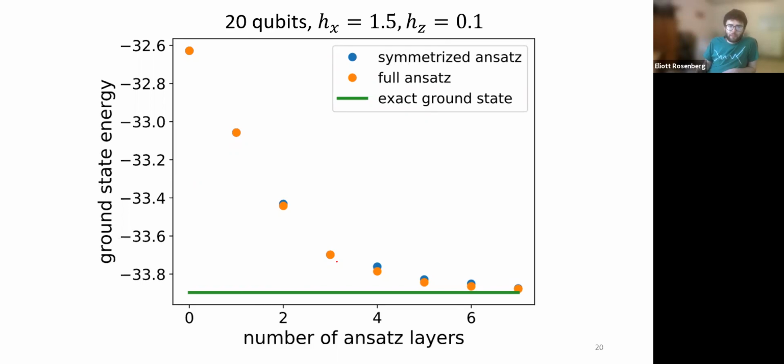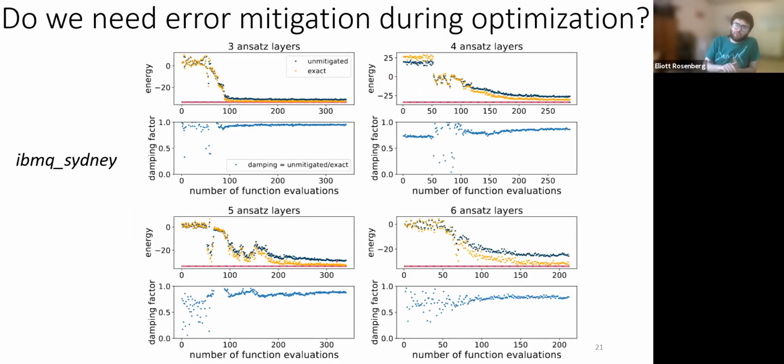And then another question, which I've kind of already hinted at, is, do we need to do error mitigation during the optimization phase or just at the end? All of these plots that you see here are VQE run on an actual quantum computer, and we're not doing any error mitigation.